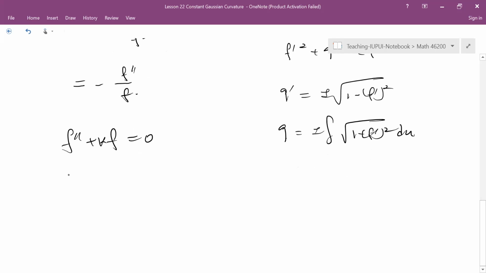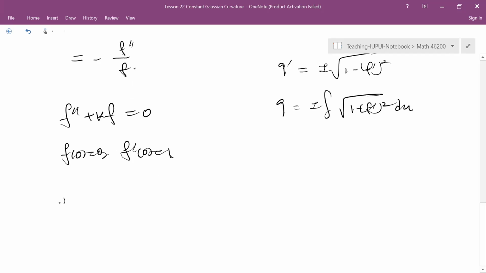Let me give you, if you consider this initial condition, then f(u) is given by the following formula. That's going to be sine of square root K times u, when K is positive.